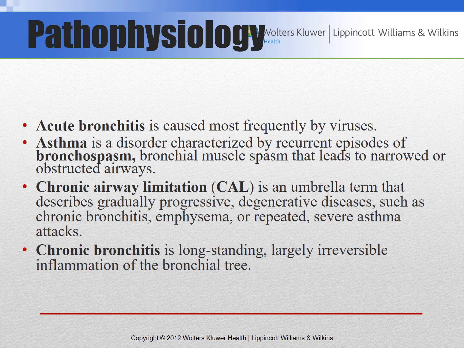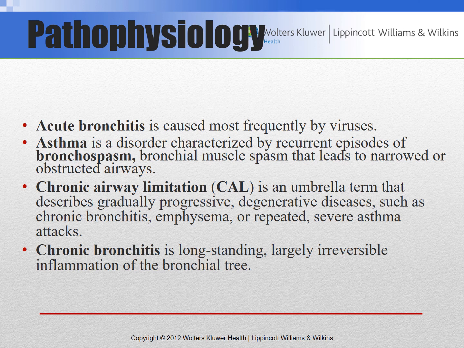In talking about the pathophysiology of the different disease processes of the lower respiratory tract, there's acute bronchitis, which is caused most frequently by viruses, specifically colds, influenza, whooping cough or pertussis, and measles. Then there's asthma, characterized by recurrent episodes of bronchospasm, a bronchial muscle spasm that leads to a narrowed or obstructed airway.